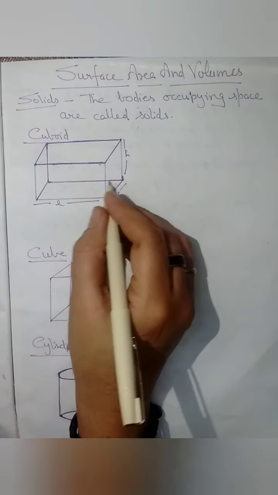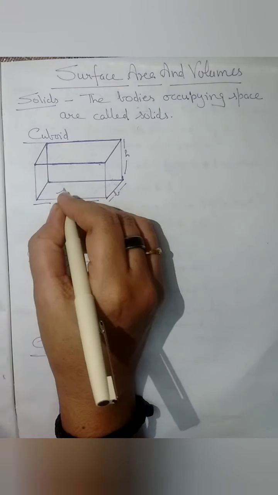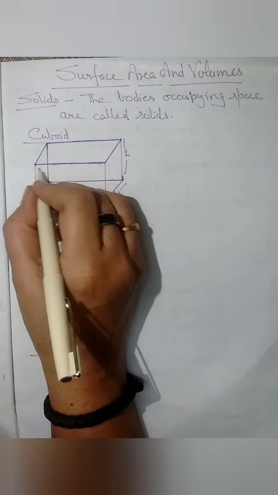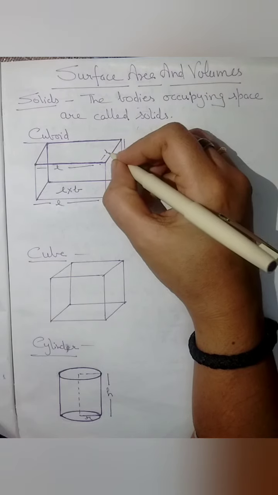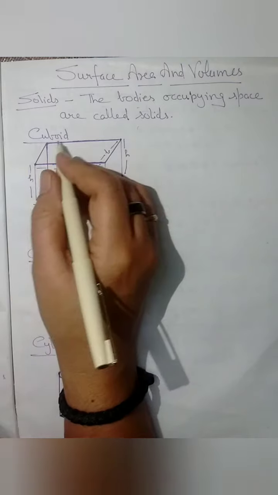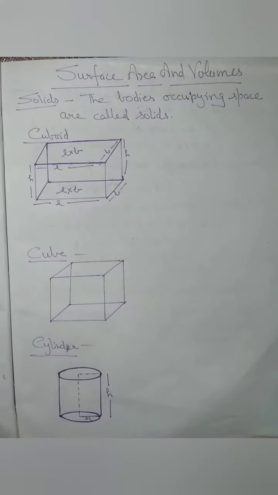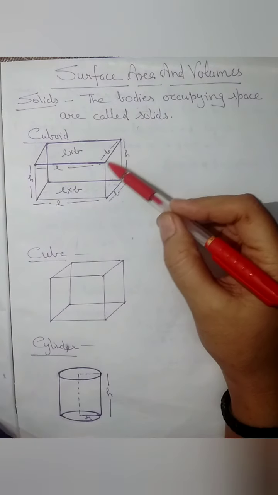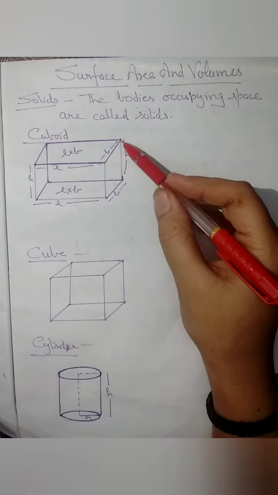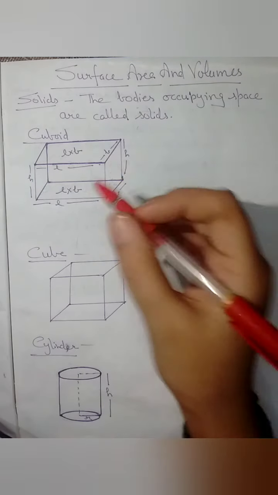The area of this rectangle, which is the base, will be L multiplied by B. In the same way, if this is L, this is also L, this one is B and this one is H, then the area of the top of this cuboid will be L multiplied by B. Now we can see that this is also a rectangle with one dimension B and the other dimension H. So what will be the area of this rectangle?